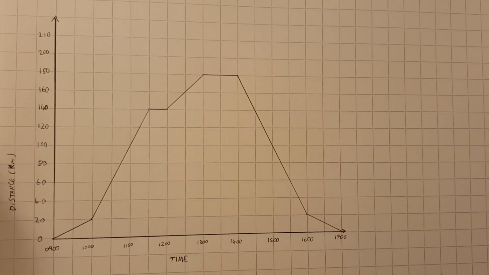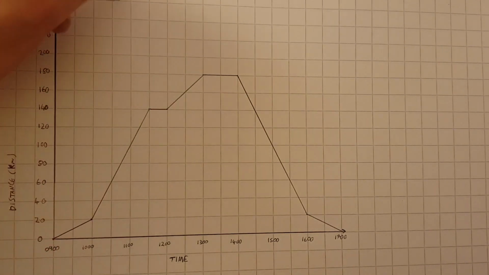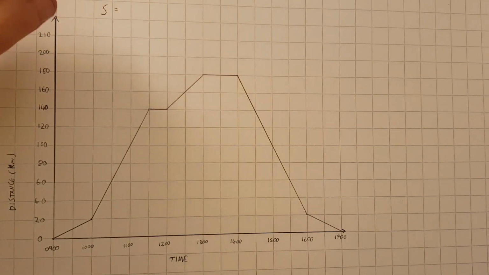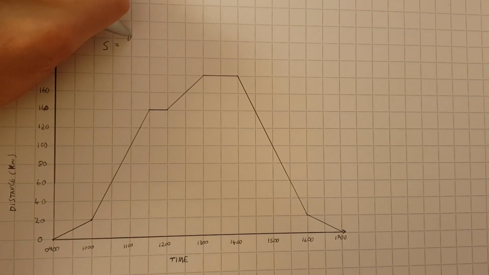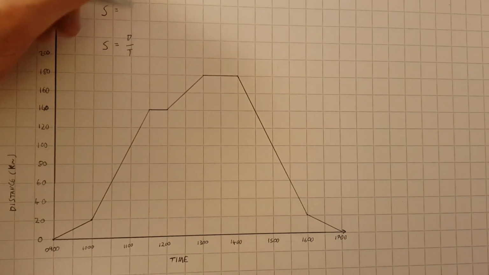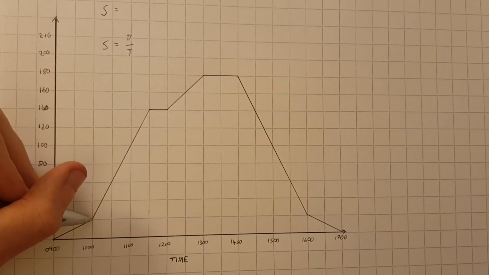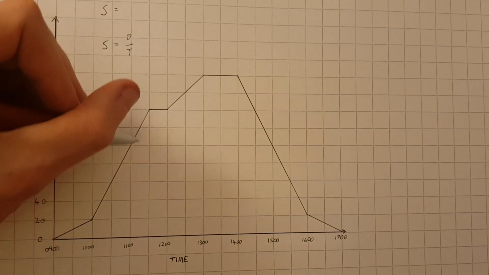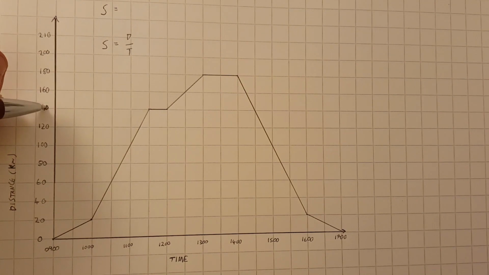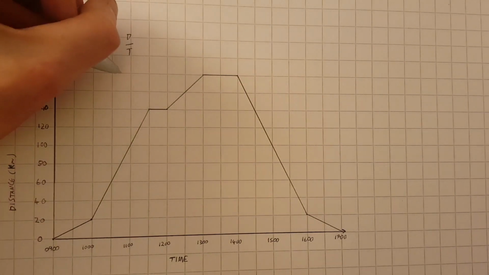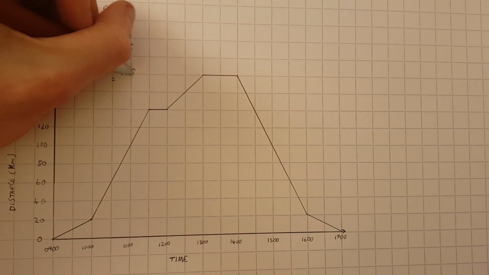So to work out the speed during that time, speed is going to be distance over time. Now the distance we've travelled between 10 o'clock and 11:30 is 140 minus 20, so that's going to be 120.